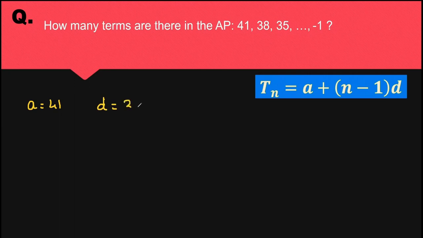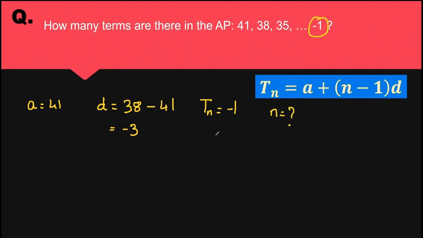The difference is second term 38 minus first term 41, and that is negative 3. And now here the negative 1, which is given at the end of the AP, is our last term. So that is Tn is given as negative 1, and we are asked to find the number of terms. So that means we have to find n.